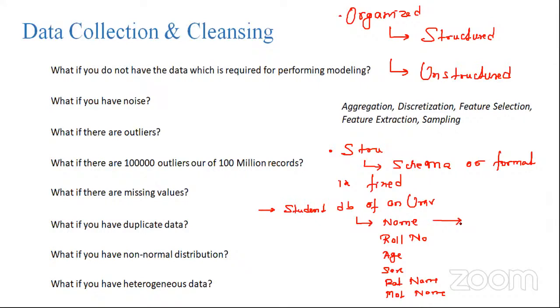Name is always going to be stored in text form. Roll number is always going to be stored in, say, alphanumeric. Age is always going to be stored in numerical form. Gender is always going to be stored in text form. Father's name also in text form, and mother's name also in text form. So if we try to analyze this data set, this is an example of structured data. Why? Because here the schema is fixed.